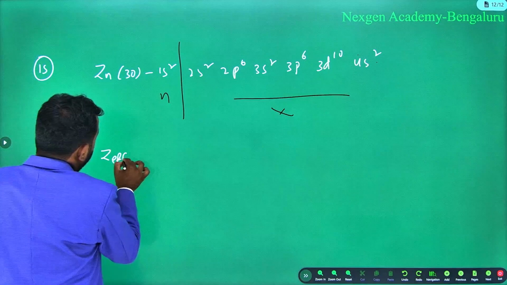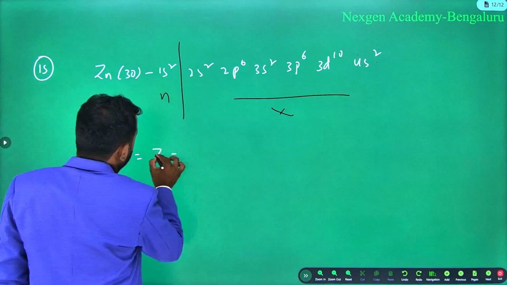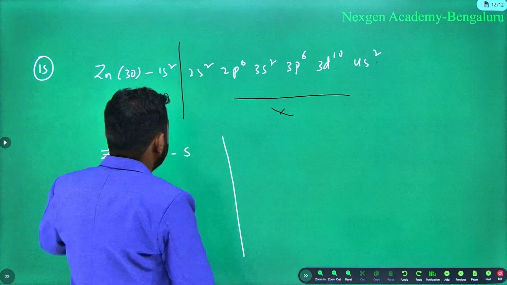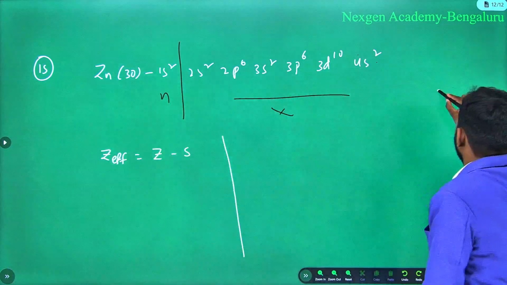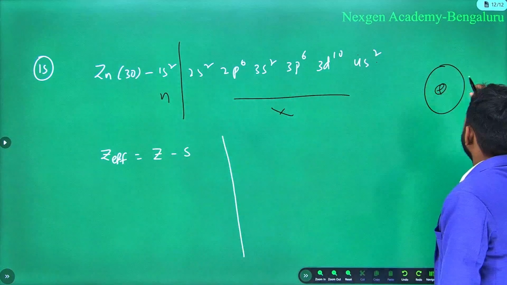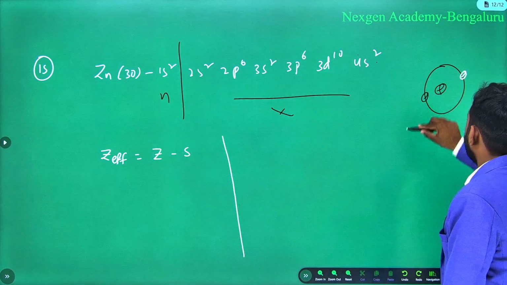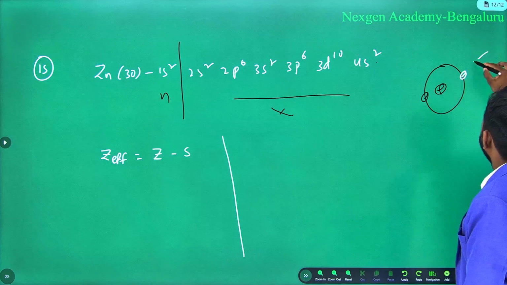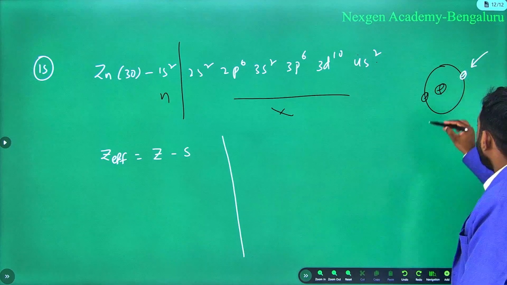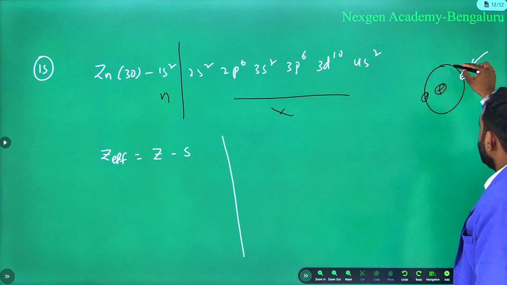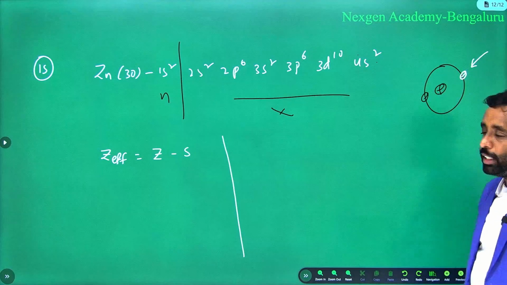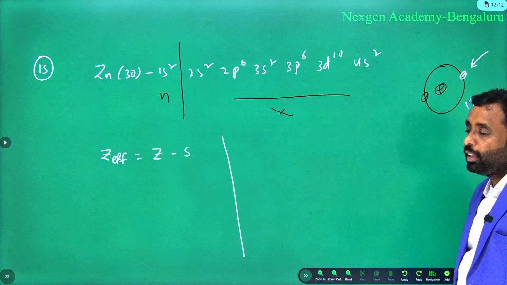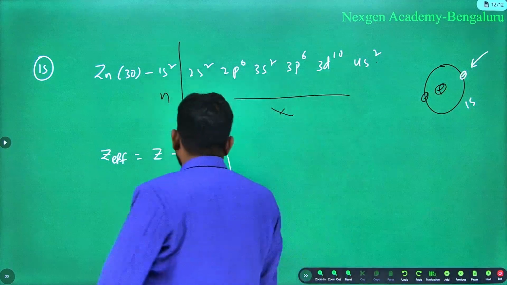As usual, effective nuclear charge is equal to atomic number minus S. So what is S? As I told you, with one exemption, generally the protecting power of a same-shell electron is 0.35. For the 1s electron, the screening constant is 0.30.